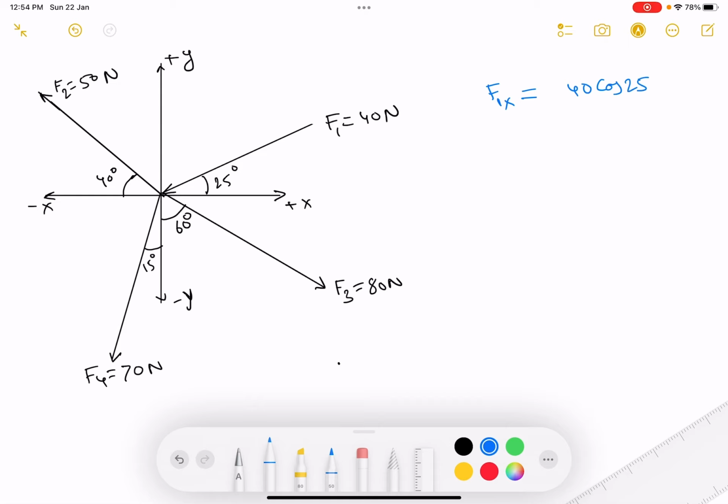Fine. And then you are going to apply the sign. Now look at F1. F1 is pointing towards the origin.